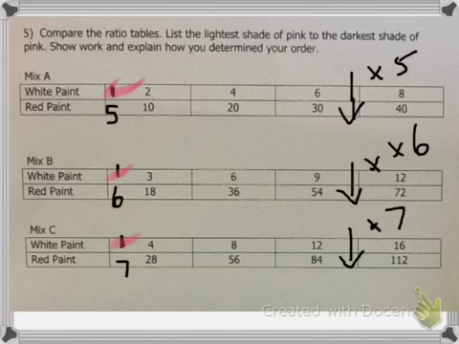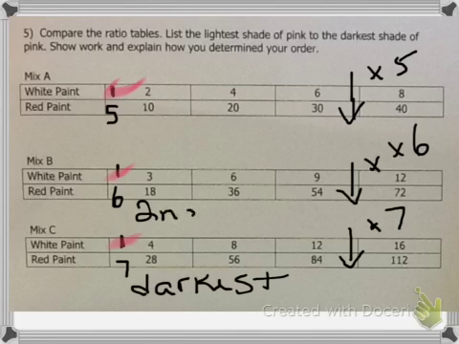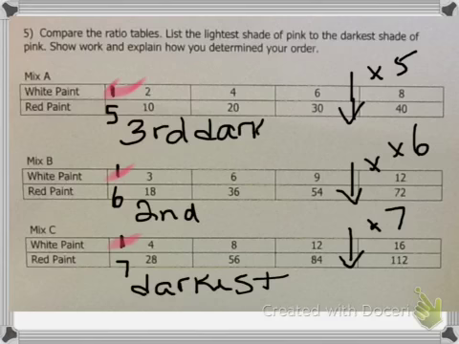And we know that if the red is more, it's going to be a darker shade. So this would be the darkest because it has the most amount of red. Second darkest because it has the second most amount of red. And our mix A will be the third darkest, or the weakest, we would say, or lightest shade.